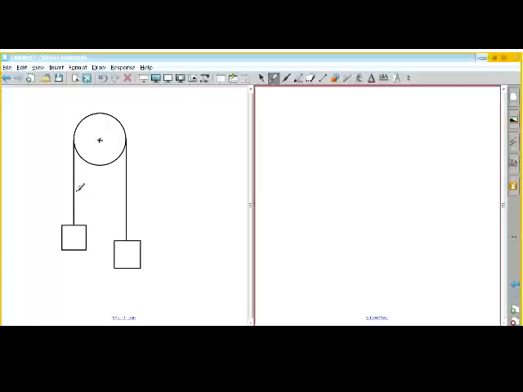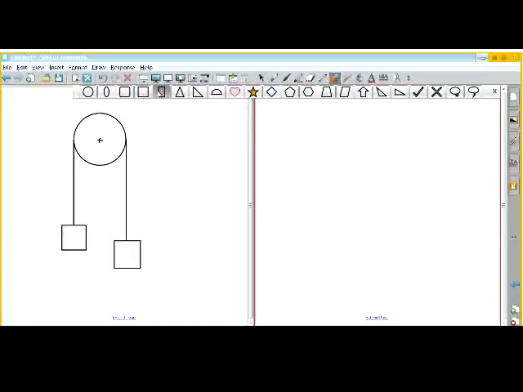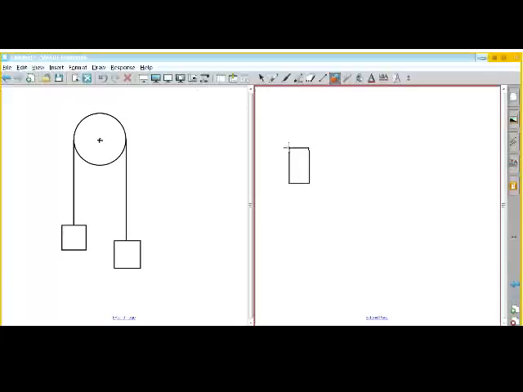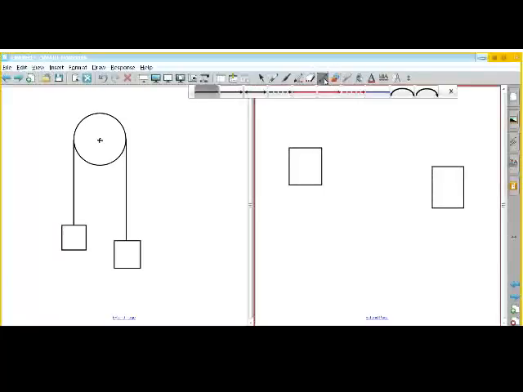So we looked at Newton's second law for the rotating object and Newton's second law for the hanging objects. And remember, if you draw free body diagrams of these three things, for the two hanging masses, you're going to have the tensions that are pulling up and the weights that are pulling down.